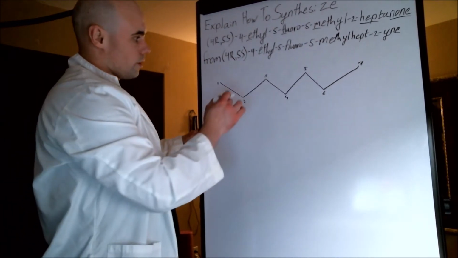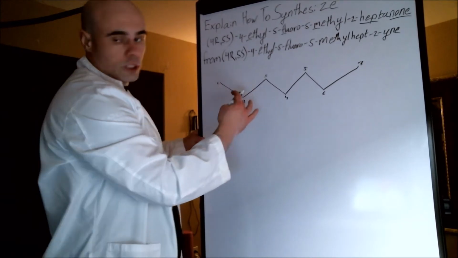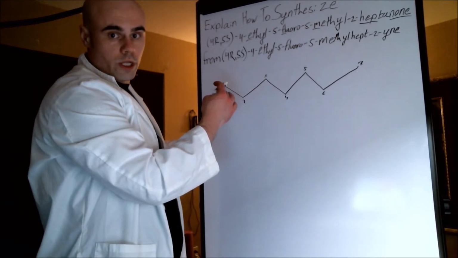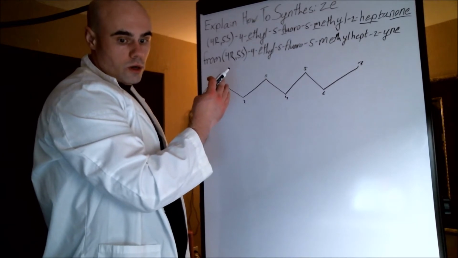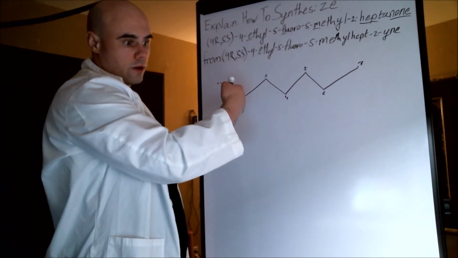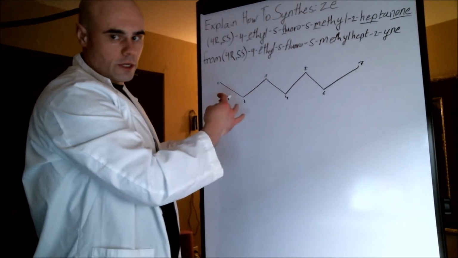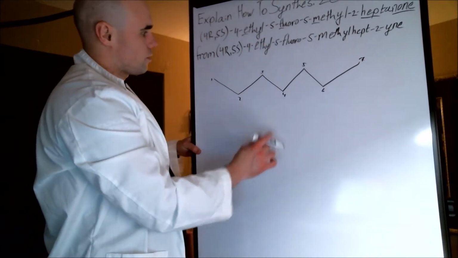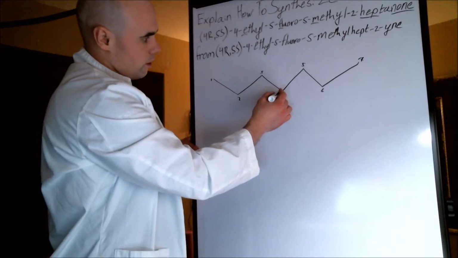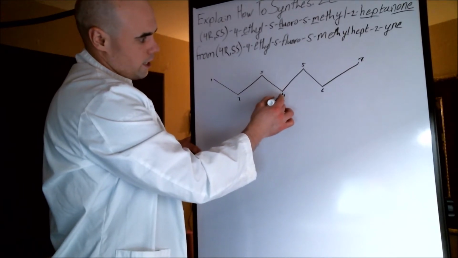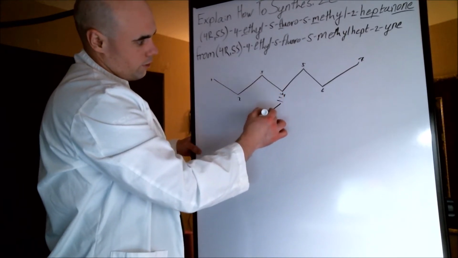So we are going to plug the substituents in using the dash-wedge system. Dashes are in the back of the plane, wedges are out of the plane, and I'll explain it as I go on. On carbon 4, we have ethyl. Let's just say it is going to be a dashed ethyl group.